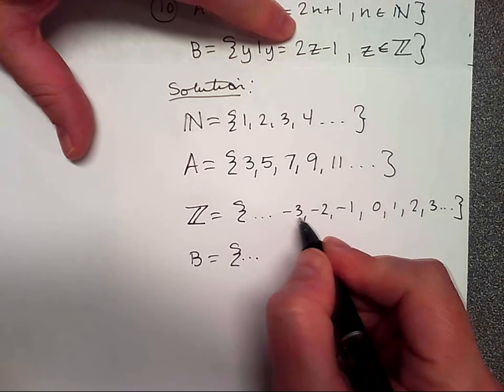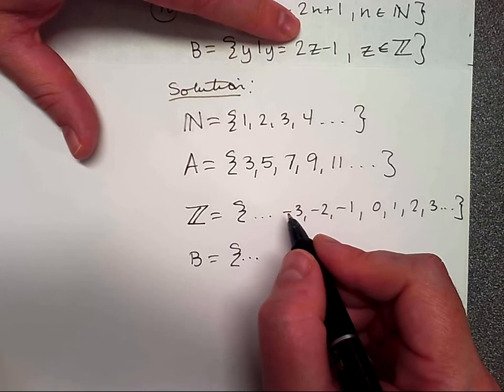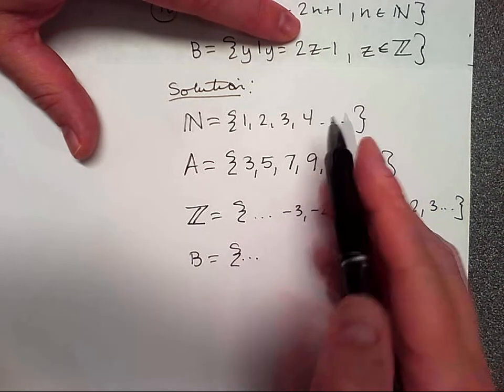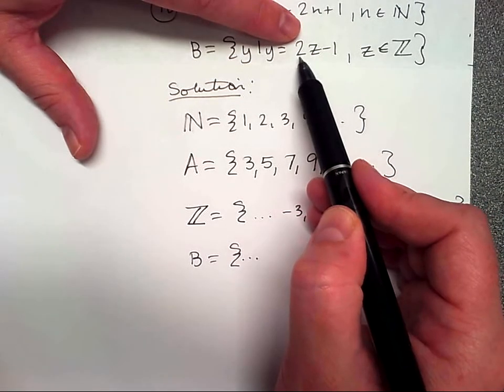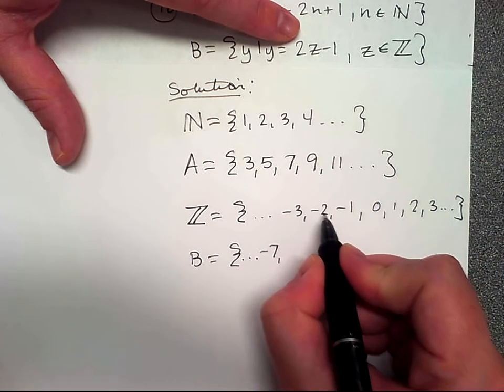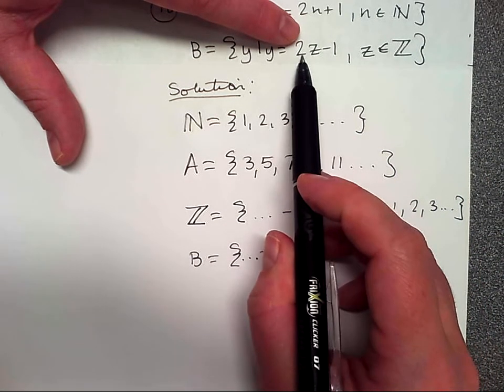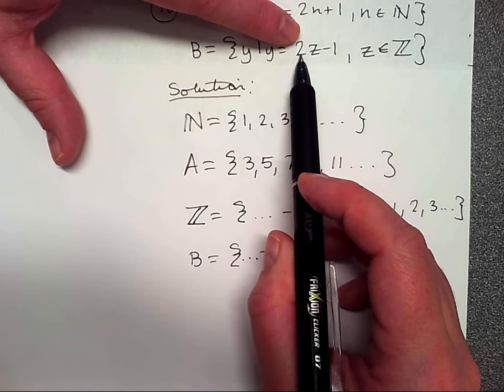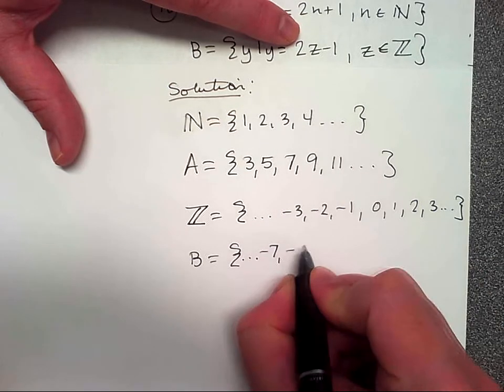Now plug in -3. What do you get? -3 times 2 is -6, minus 1 is -7. Plug in -2. -2 times 2 is -4, minus 1 is -5.